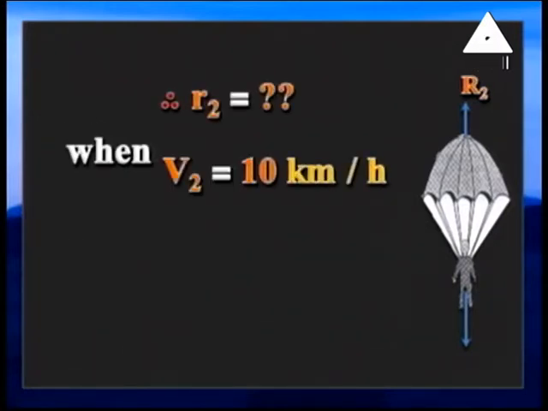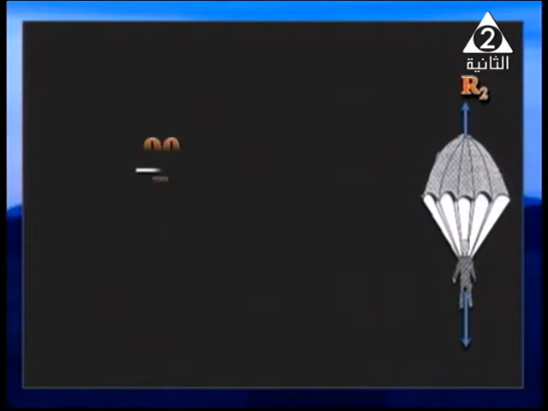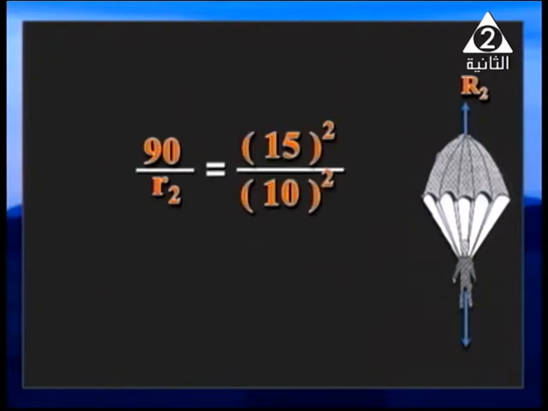What is the rule? Excellent, student. Resistance is proportional to the square of the velocity. R1 over R2 equals V1 square over V2 square. Therefore, by substitution, 90 over R2 equals 15 square over 10 square.